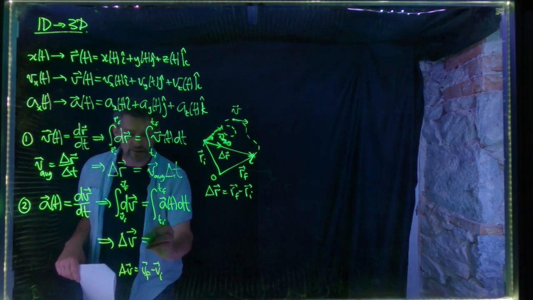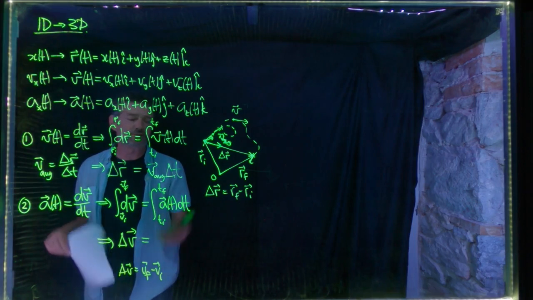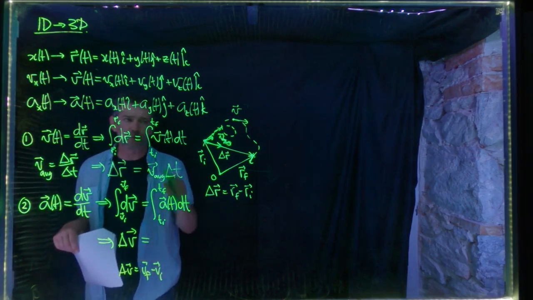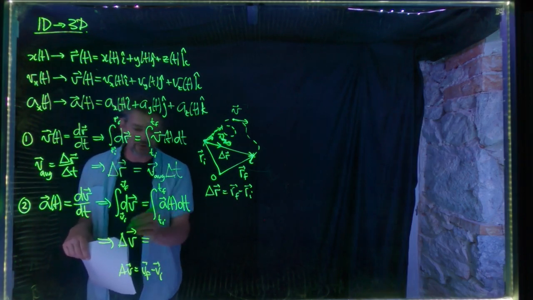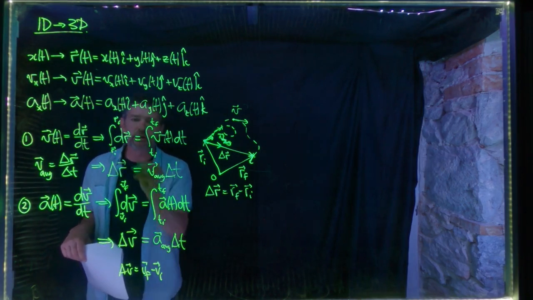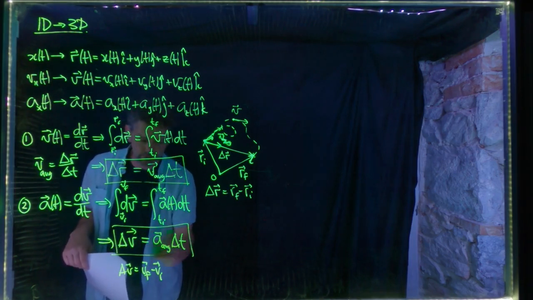In the one-dimensional case, that is the area under the acceleration versus time curve. Then we ask, under what constant average acceleration could that object be moving to undergo the same change in velocity? So delta v is equal to a average times the finite time interval delta t. This here is a fundamental kinematical formula, and this is a fundamental kinematical formula.